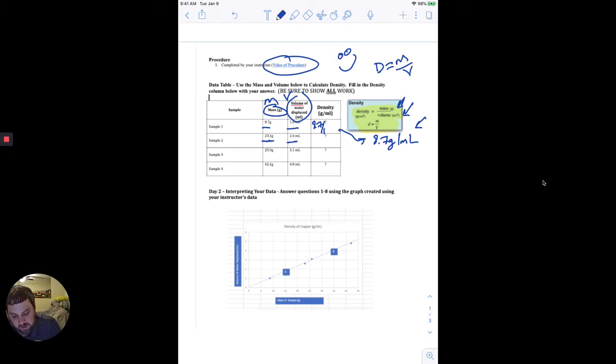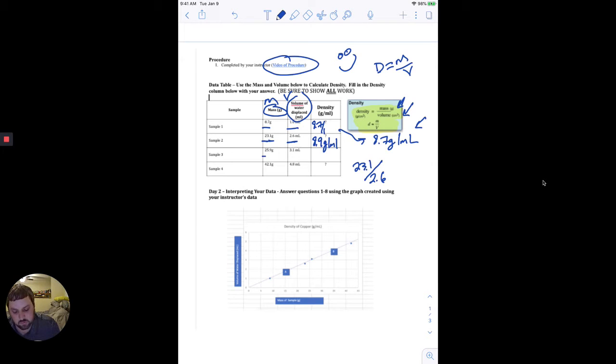We have a new mass and a new volume. So 23.1 divided by 2.6. Well, I'm going to have to use the handy calculator for that one. So I type in 23.1 divided by 2.6, and I get 8.88. We can round that to 8.9, and again, that's grams per milliliter.